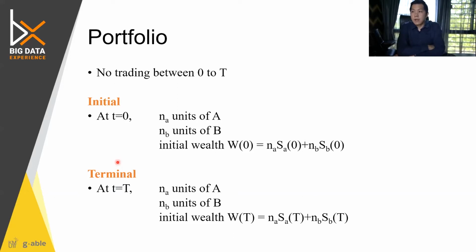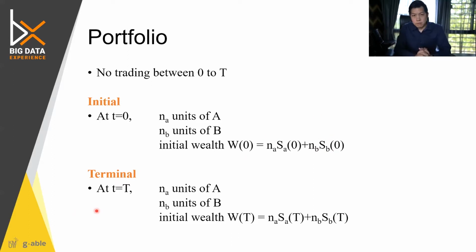Okay, so our assumption here in terms of the portfolio is that we'll just invest one time and then leave it at that, right? No trading between 0 to T. At the initial time, T0, we have NA units of A and NB units of B. We have initial wealth W0 that comes from multiplying the price of A with NA, multiplying the price of B with NB, and then combining them.